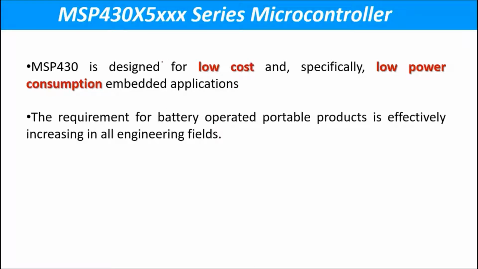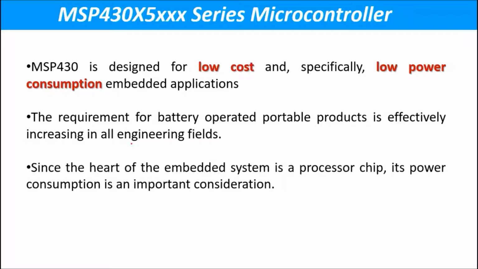So the requirement for battery operated portable products is increasing in all emerging fields. And since the heart of an embedded system is the processor, its power consumption is an important consideration. So this is the main feature of the MSP430 controller or processor, that is low power consumption and low cost.